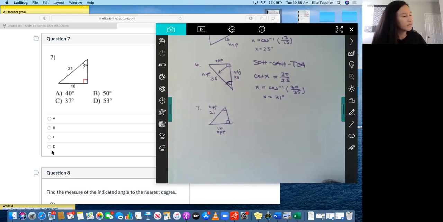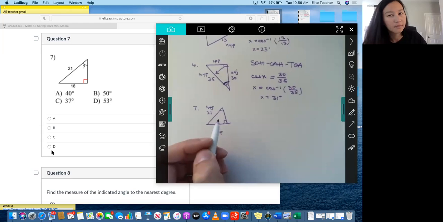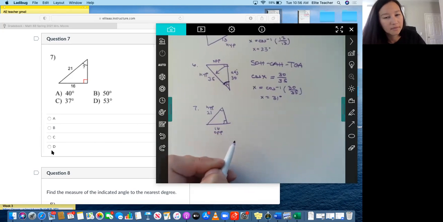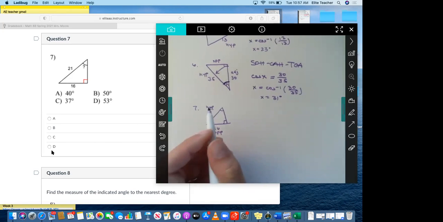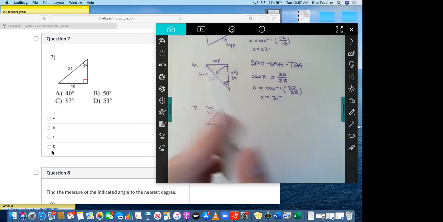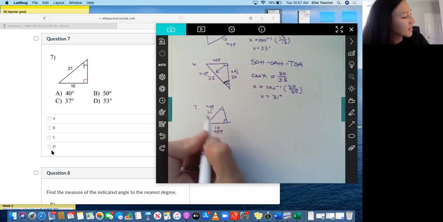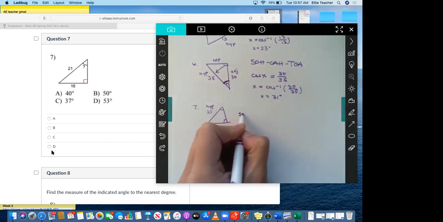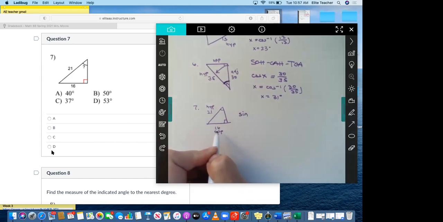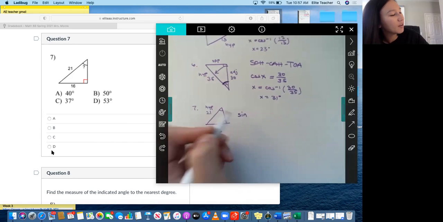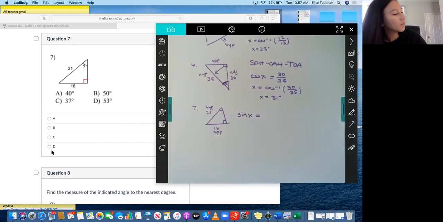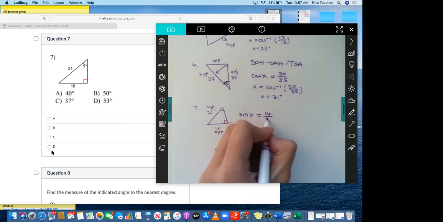And we would use SOH, because we have the O and the H. So we have the sine of our angle x equals 16/21.